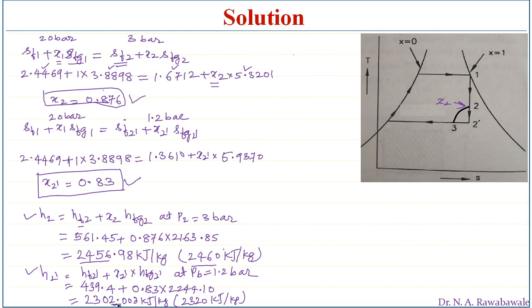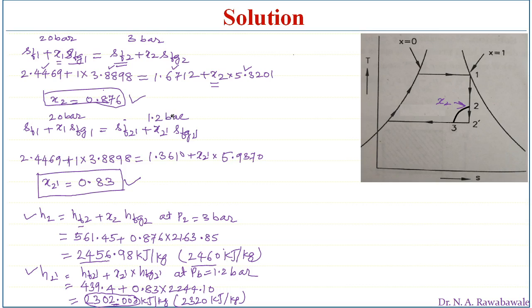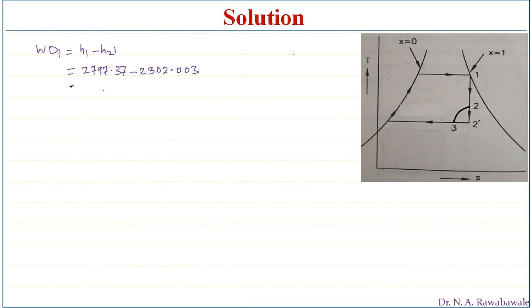The work done here in this analytical method is 495 kilojoules per kg, and in the graphical method we had obtained it as 480 kilojoules per kg.